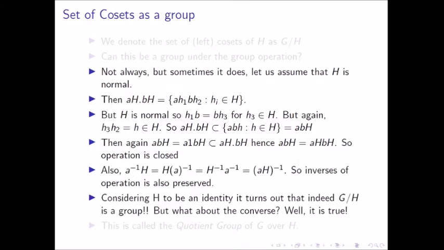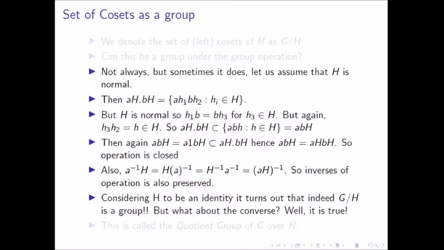A inverse H, A inverse capital H is equal to capital H A inverse because GH is equal to HG for normal groups. But capital H is capital H inverse as a group, because if h is an element of H, then h inverse is also an element of H. And if h inverse is an element of H, then h is an element of H, because by the involution law, h inverse of inverse is equal to h.